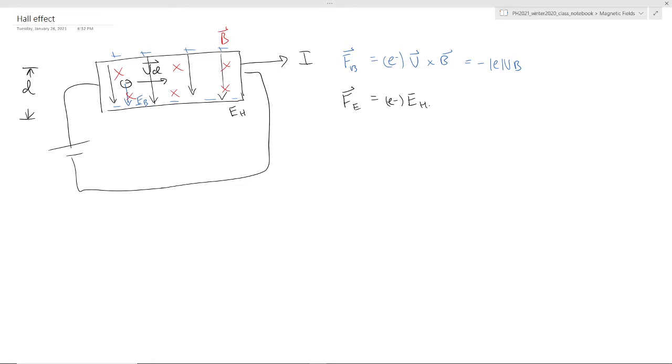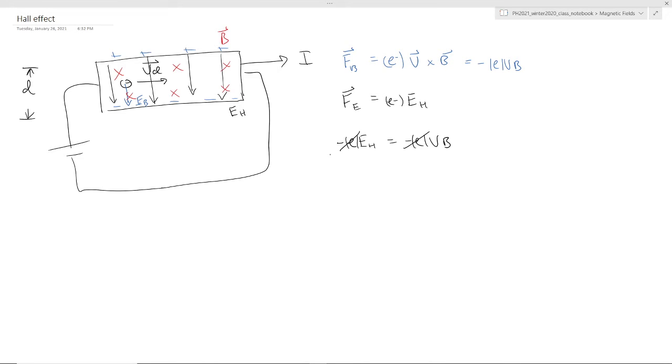And what's going to happen is that's going to reach an equilibrium. And so this magnetic force and the electric force are going to be equal. So we can set these two things equal to each other. Notice the electron charge will drop out.